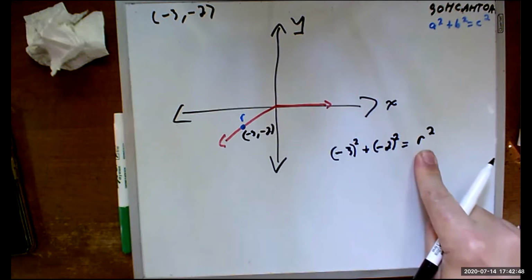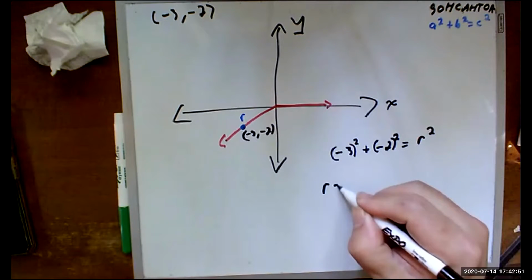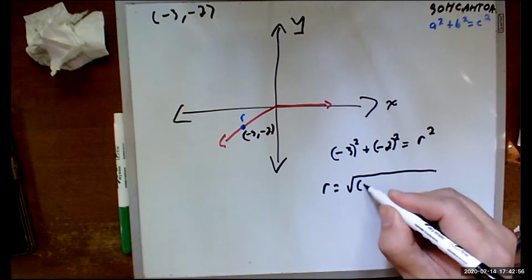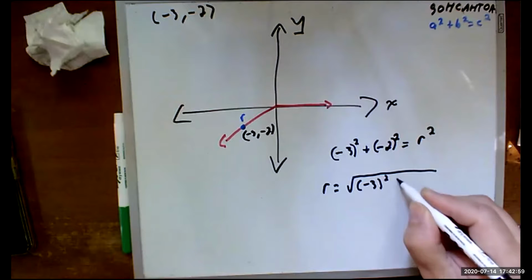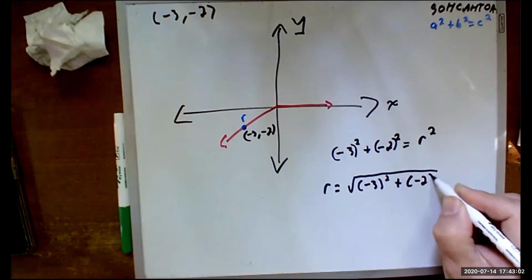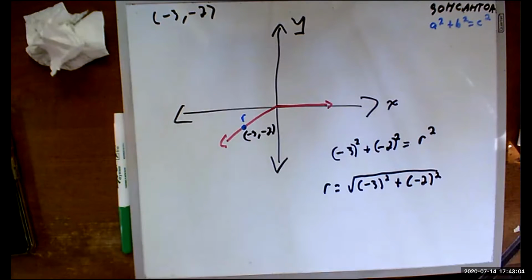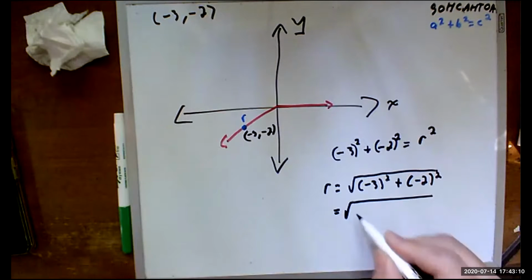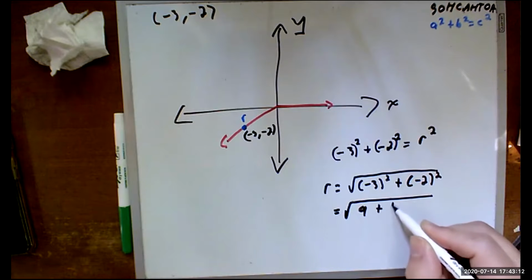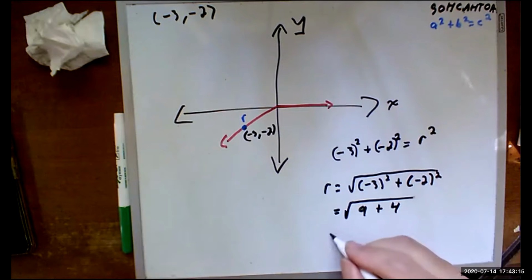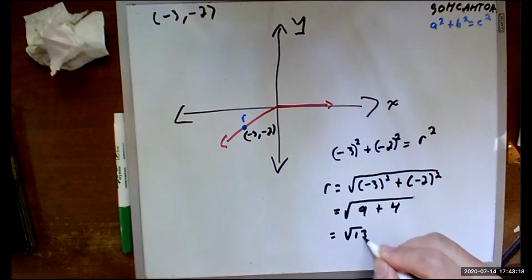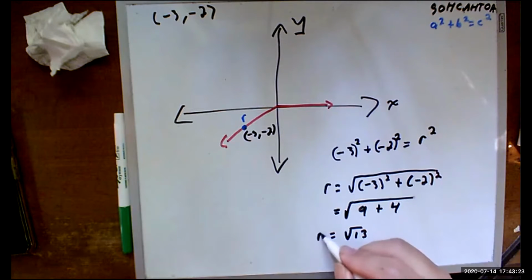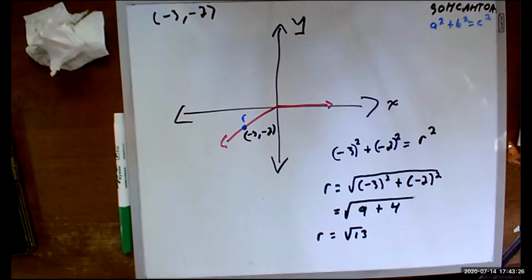I don't want r squared in the end, I just want r, which means I've simply taken the square root on both sides. I can then go ahead and do that, and we find out that r is simply equal to the square root of 13.